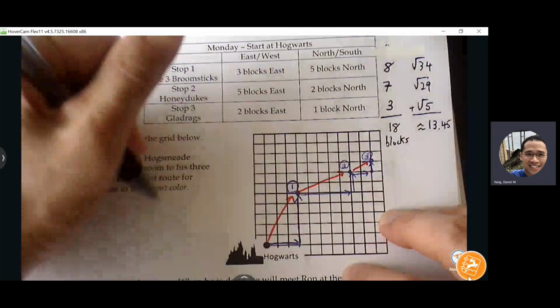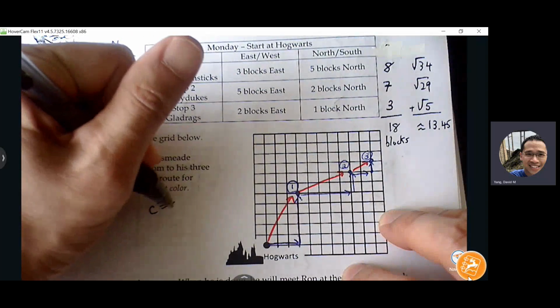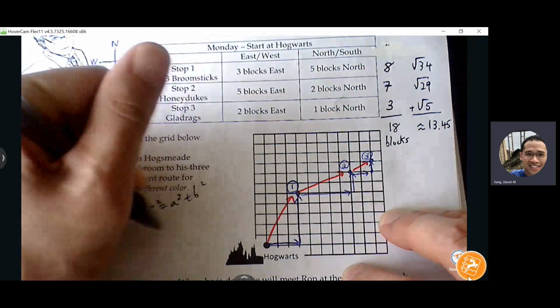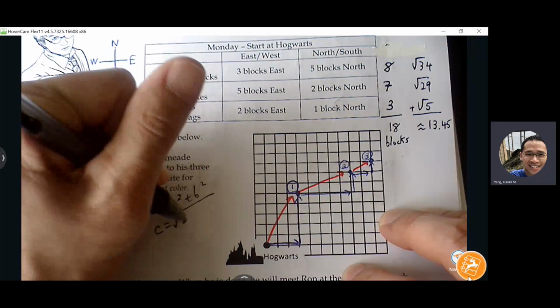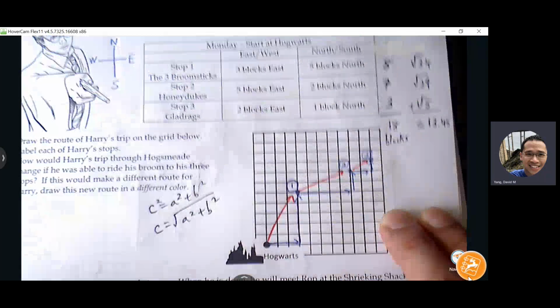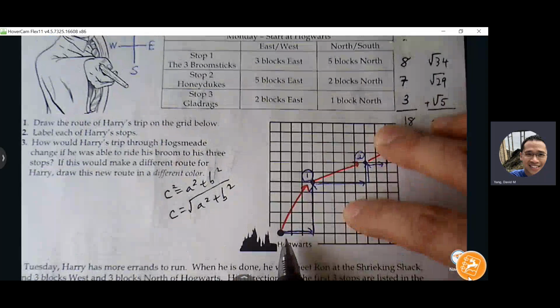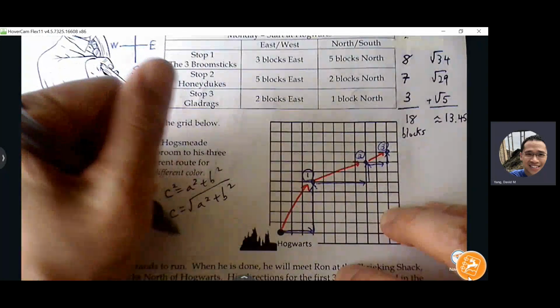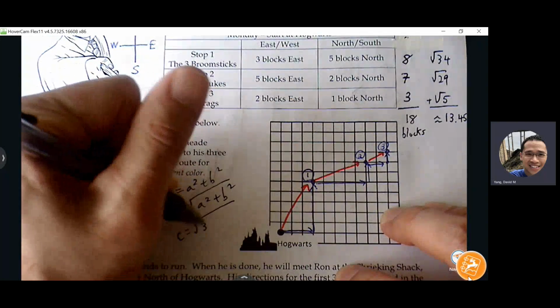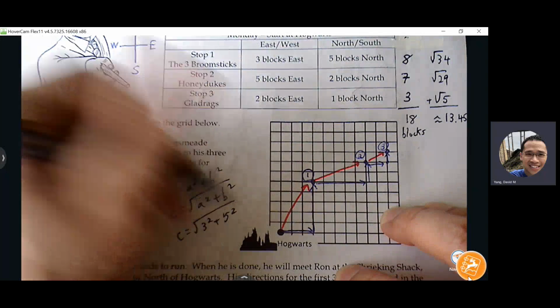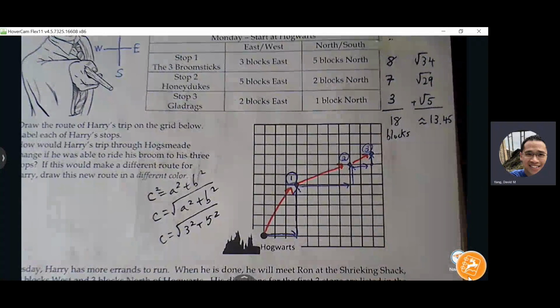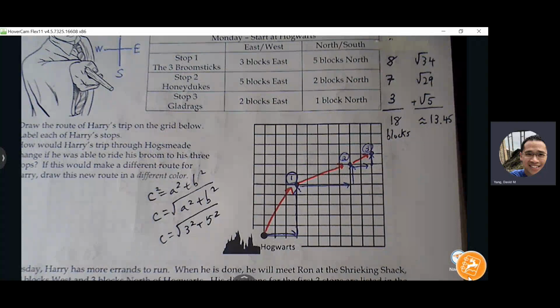So you know that c squared is equal to a squared plus b squared, so c is equal to the square root of a squared plus b squared. I didn't show the work here. So imagine this was 3 and 5, so c is equal to the square root of 3 squared plus 5 squared. I'm just doing the Pythagorean theorem, getting the hypotenuse for each of the triangles and then adding them up.